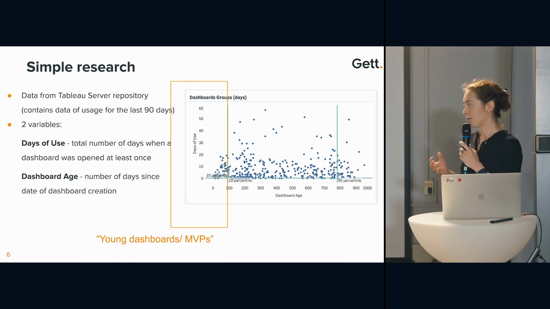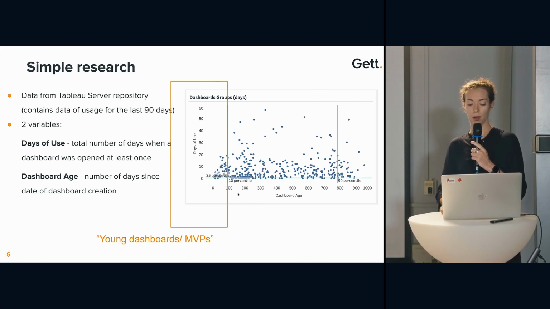They might publish a small page and then develop step by step. So in order not to delete a dashboard that will be useful in the future, we exclude this group of dashboards from our archiving process, and we use the first quartile of the dashboard age metric as a threshold.